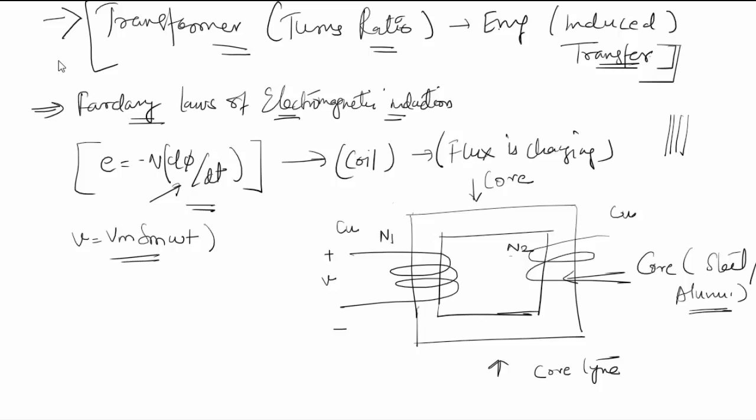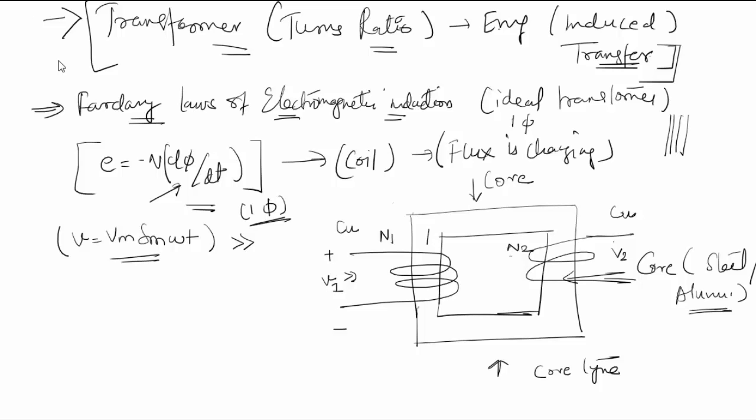This is only a single phase voltage, and this is an ideal transformer, a single phase transformer. This is the supply voltage which I am applying, and there is some voltage which I should get at this end, which is V2, and this is the V1 voltage.